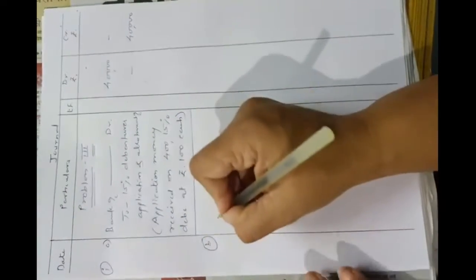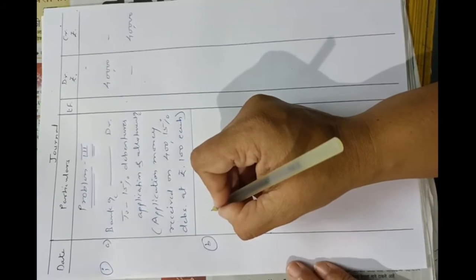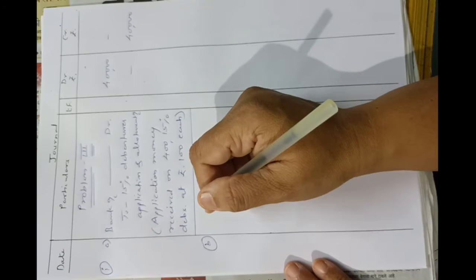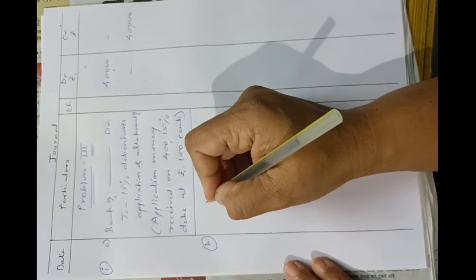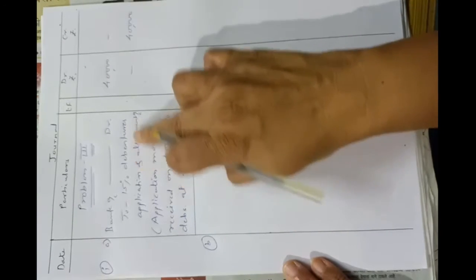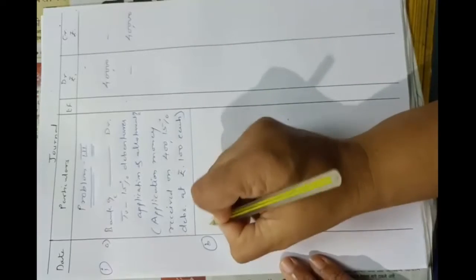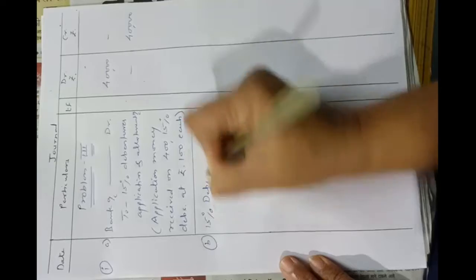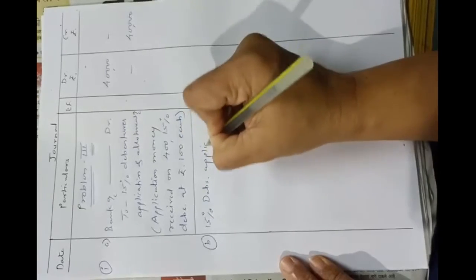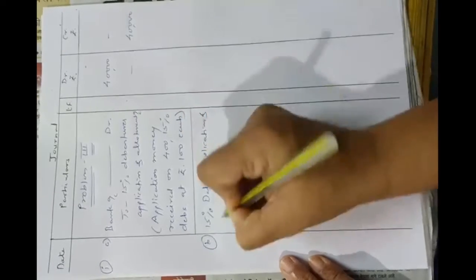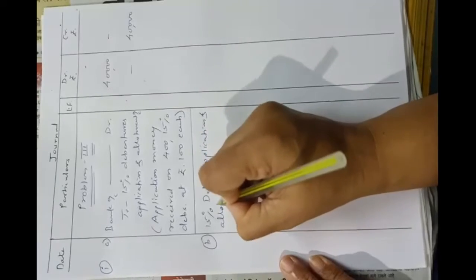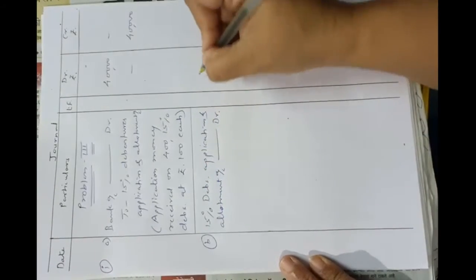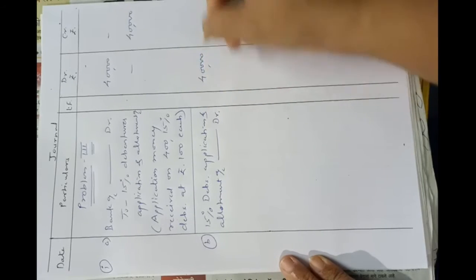Now the second entry will be application money adjusted and premium on redemption adjusted. So the entry will be debenture application and allotment account, 15% debentures application and allotment account debit 40,000.